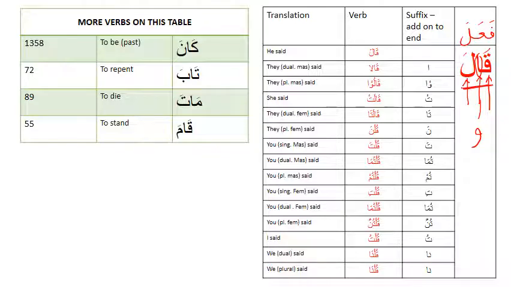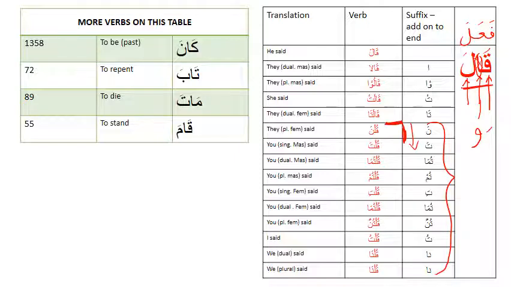And when you make the table, when you get up to qulna, from here downwards, for all these suffixes, when you add this, you take away the ayn letter and then you replace it with a dhamma on the fa letter.